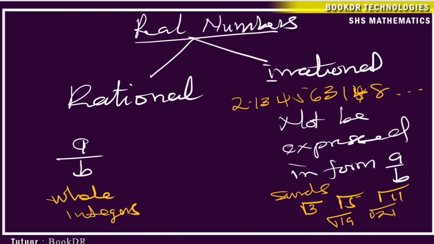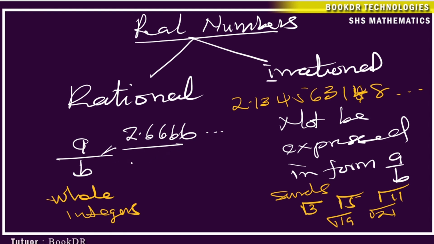Non-terminating, non-recurring. Remember, when the fraction is recurring, then it is rational. For example, if I have 2.66666, this number, which is recurring, can be expressed in the form A over B. It is not terminating, but it's recurring.